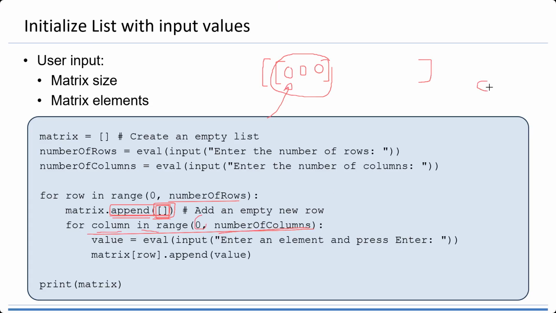If the columns equal 3, then it will start from 0, goes to index 1, goes to index 2. Okay. Then for every value, we need to enter an element. The element that we enter will go to the value, and the value will be appended into the matrix in the position of row. In the position of row means this row.